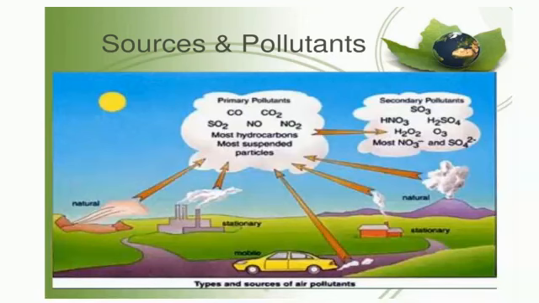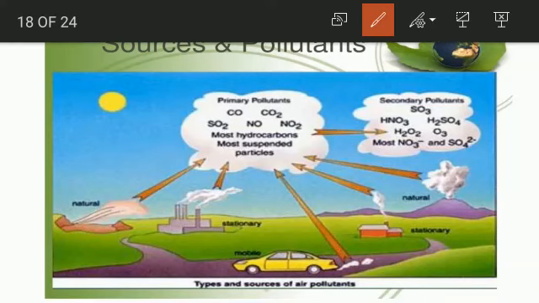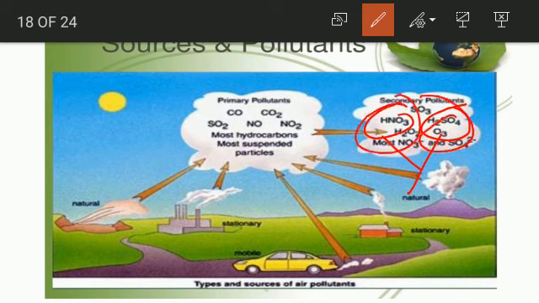All these gases you already know now, but in the presence of sun they are converted into a more potent pollutant, that is these acids. When they are provided sunlight, they are converted into stronger acids, that is H2SO4 and HNO3, sulfuric acid and nitric acid.